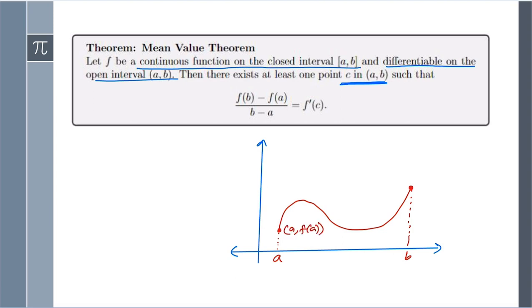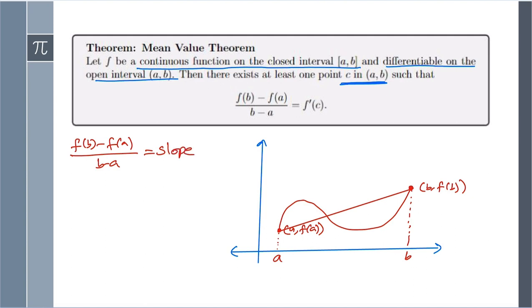If this is b, then that point right here is (b, f of b). f of a and f of b are the corresponding y values for a and b. So now when we do f of b minus f of a over b minus a, we are finding the average rate of change between point a and b. Or in another word, we can say this is the slope of the second line.